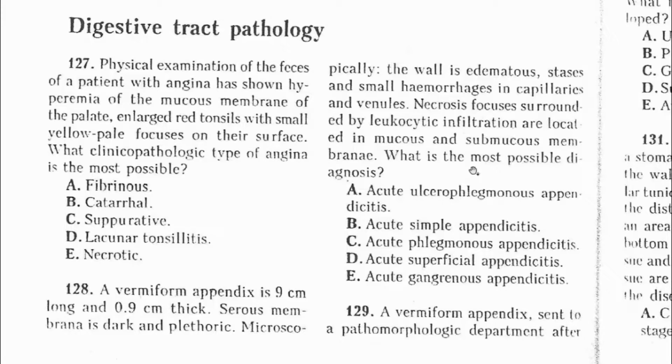Now, inflammation of the vermiform appendix is called appendicitis. Its acute form is classified into the following. We have one, simple. This is characterized by hyperemia and small hemorrhages. We also have superficial. Superficial form is characterized by focus of suppurative inflammation in mucosa and edema.